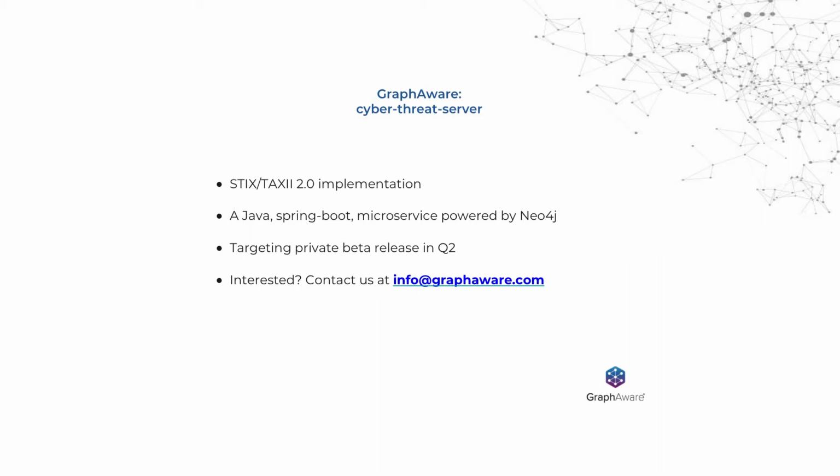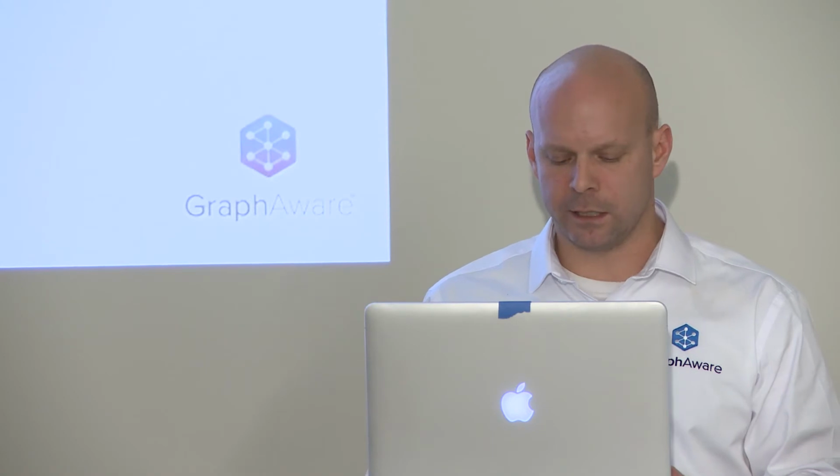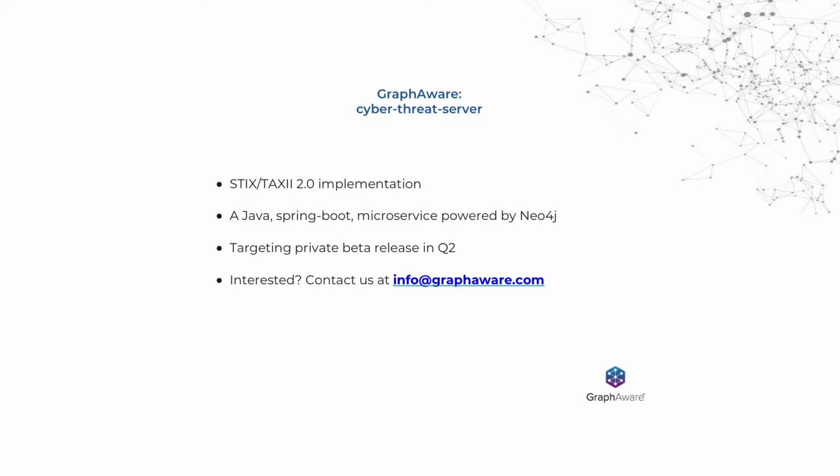It's a microservice style architecture powered by Java, Spring, Spring Boot, and the Neo4j graph database. More details about GraphAware's Cyber Threat Server will become available as we publish them on our blog or website, or if you wish to engage us to learn more, just feel free to send us an email at info@graphaware.com.